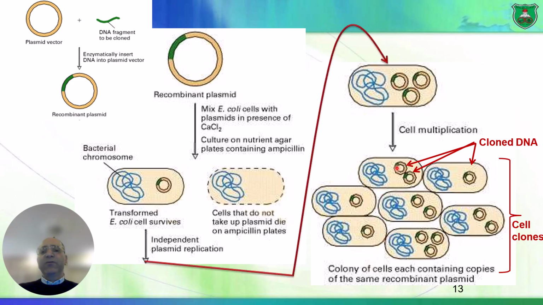Each bacterial cell would contain at least one plasmid, and these are the ones that would survive ampicillin. Now we're going to have billions of plasmid molecules, recombinant DNA molecules this way. So here we have a recombinant DNA, and we can clone our DNA of interest.